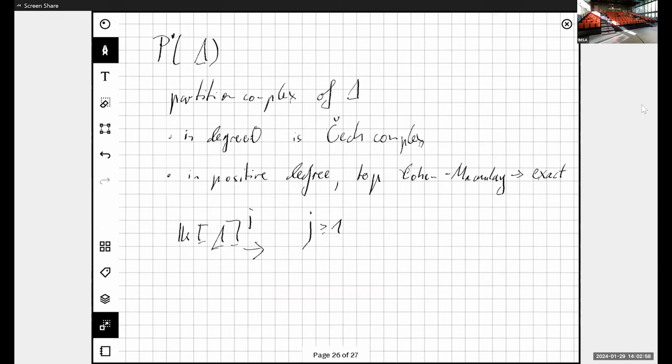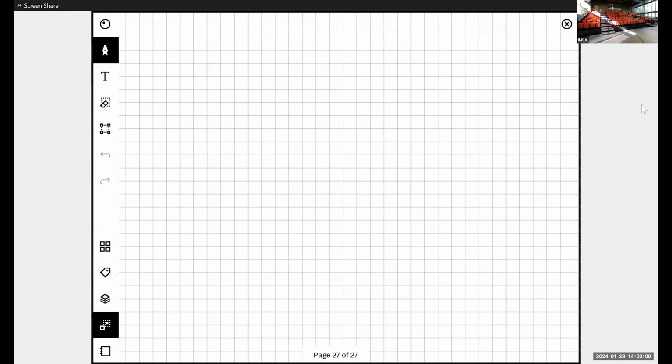Okay. And now, what's the next thing that I want to do? Well, I wanted to relate this, right? I want to at least tell you a little bit about the implication of topological Cohen-Macaulay into algebraic Cohen-Macaulay. And how do I do this?